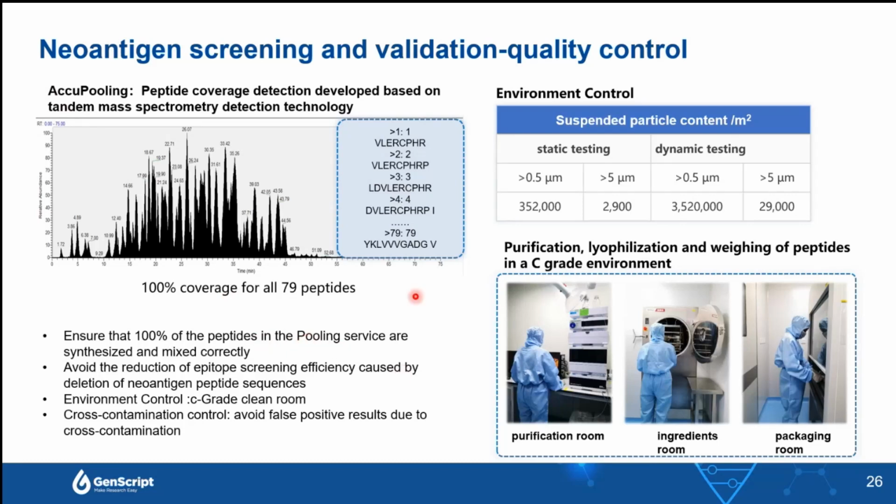Because it's a peptide mixture or peptide library, right? We should guarantee all the peptides are produced to avoid the reduction of the epitope screening efficiency caused by the deletion of neoantigen peptide sequences. And also, we control the production environment. It's a grade C clean room to avoid contamination.